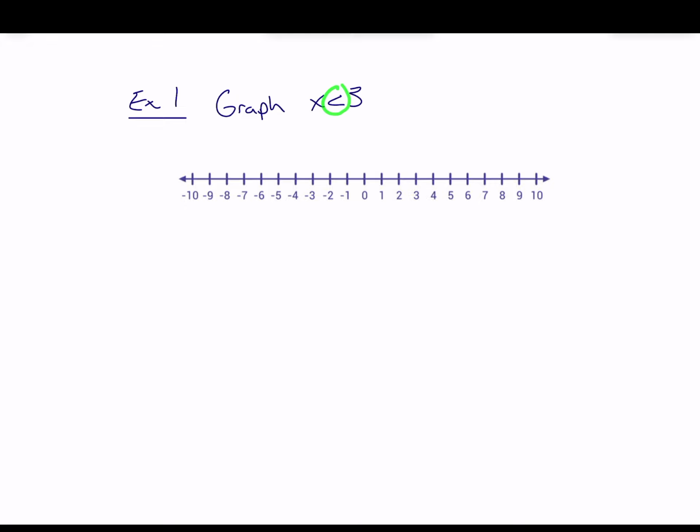And because it's strictly less than, 3 is not included. So how do we denote that on the graph? Well, typically we will denote that with an open circle at that value. And then we extend the line to the left to include all values of x less than 3. So that's how we would graph x less than 3. Let's try another example.